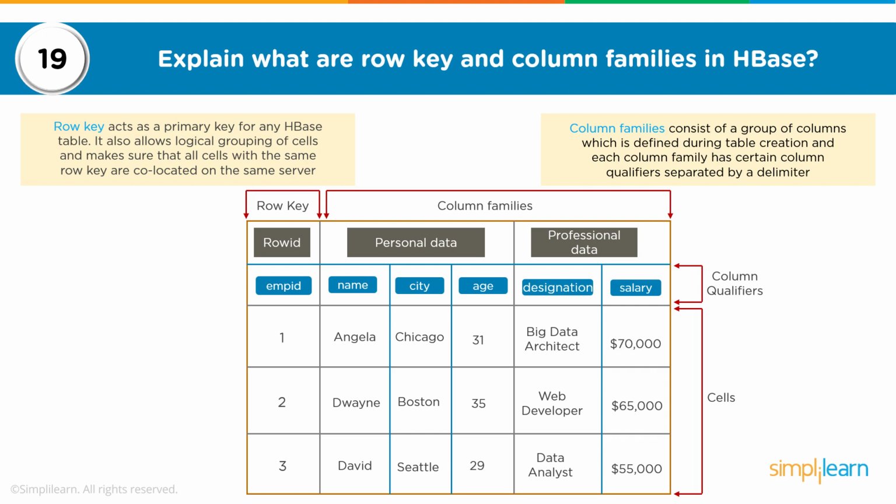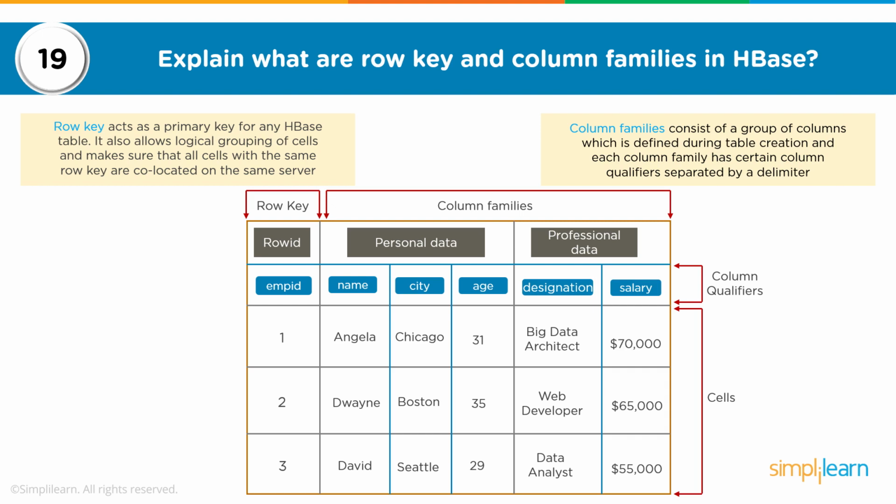So for my row 1, I could just have 2 columns such as name and city within the column family. For my row 2, I could have name, city, age, designation, salary. For my third row, I could have 1,000 columns, and all that could belong to one column family. So this is a horizontally scalable database.